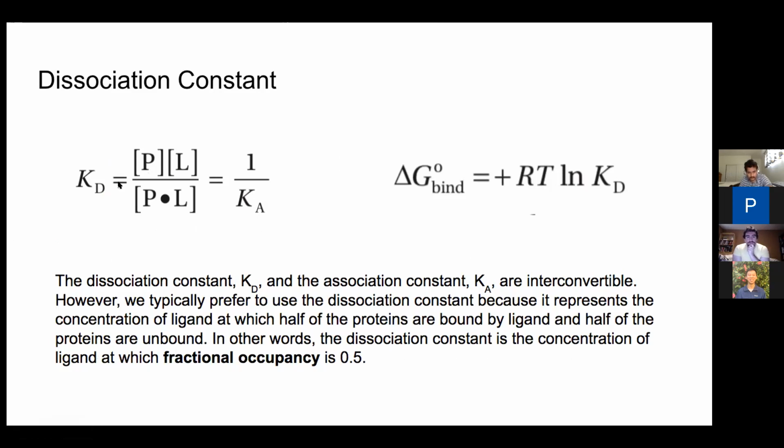But the reason we choose to use a dissociation constant is because the dissociation constant is the ligand concentration at which half of the total proteins are bound with ligand. In other words, the fractional occupancy is 0.5. I will go into the fractional occupancy in a couple of slides, but I just wanted to bring that up right here. So there is a reason why we use KD instead of Ka, but it's a matter of convenience, not because there's a fundamental difference between KD and Ka.